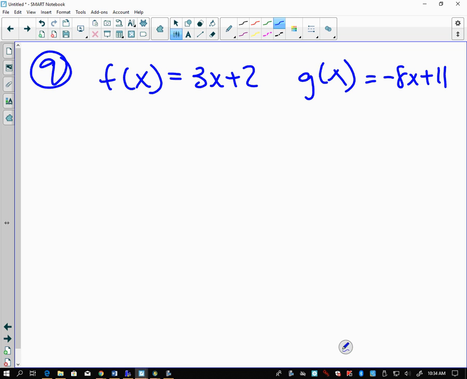The question would be find f of g of x. What they want you to do here is multiply those two things together. So that means to FOIL. Okay? Questions there? Okay, FOIL those two things.